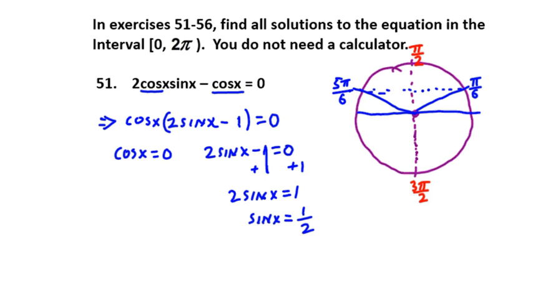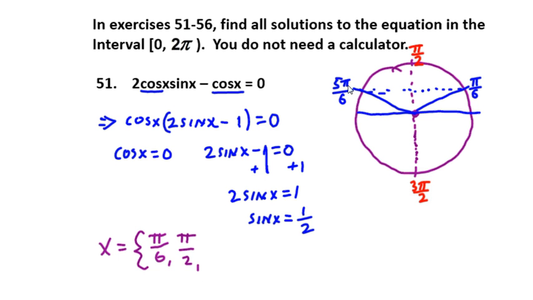So we can write our solutions as x, in set notation, and just by convention, you try to start with the lowest value first. So we're going to have pi over 6 as one of our solutions, comma, next we go around the circle to pi over 2.